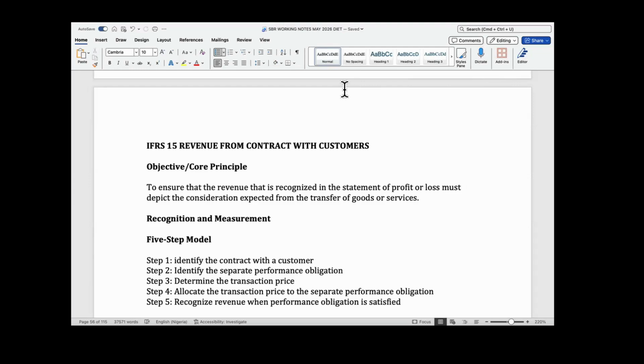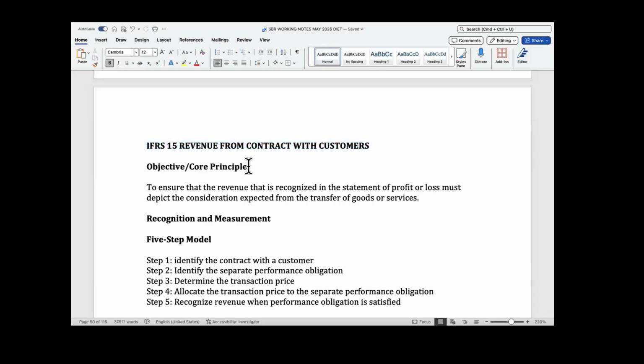And tonight, we're going to pick up from IFRS 15, Revenue from Contracts with Customers, that we're supposed to move to some advanced part of it, but which we have not done. That's basically what we're going to finish up tonight.